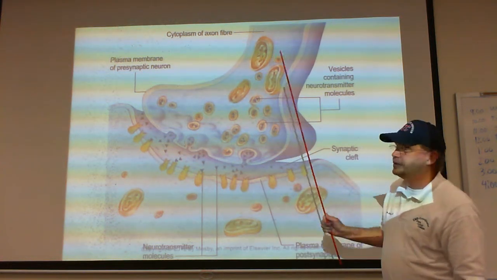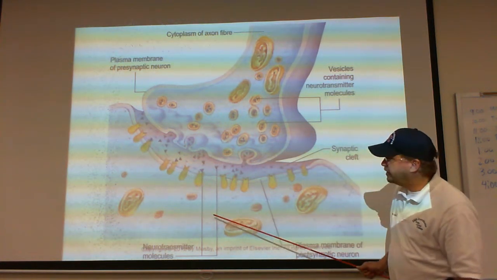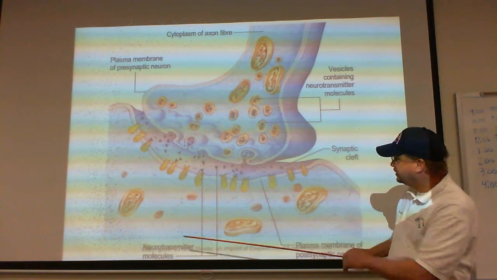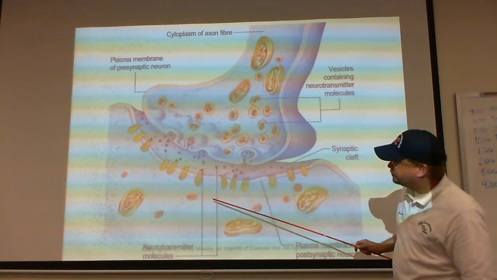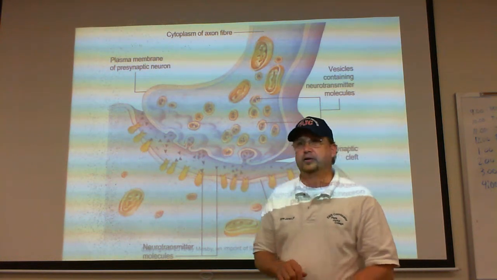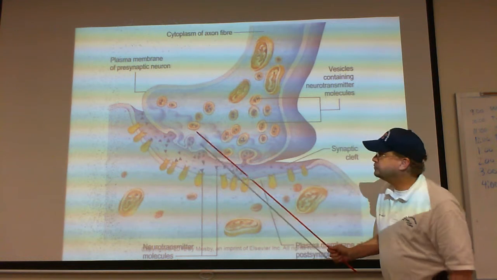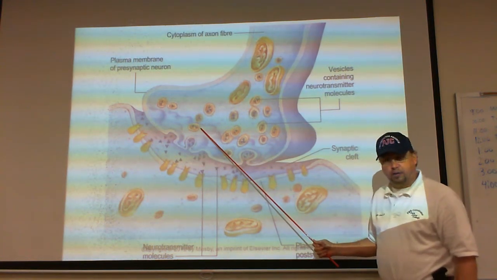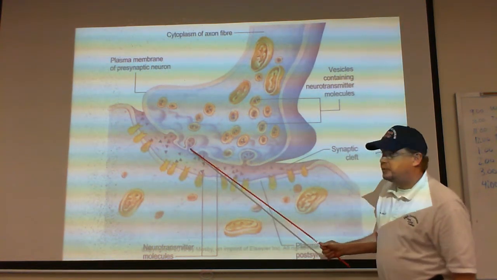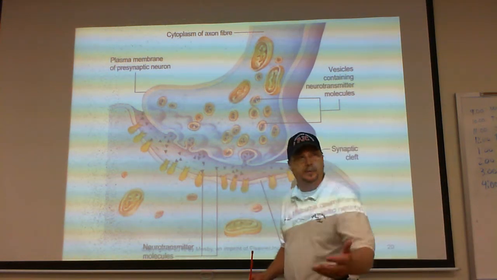If this was a sympathetic nerve fiber running to the smooth muscle cell of the bronchiole, which is probably not a realistic picture of that, but we'll pretend this is a smooth muscle cell in the bronchiole, then again, what chemical is released? Norepinephrine. It will attach to which receptors in the bronchiole? Beta 2. These would be beta 2 receptors.